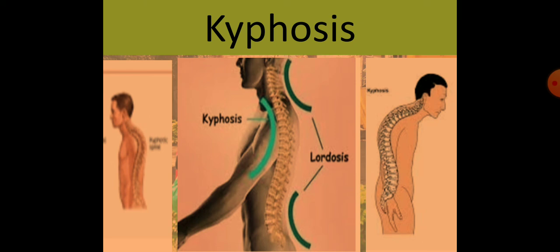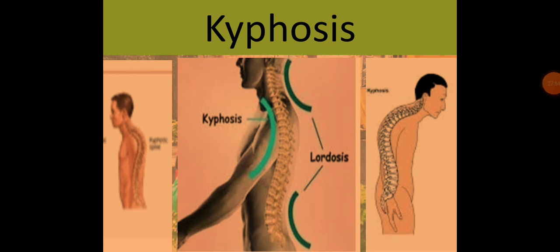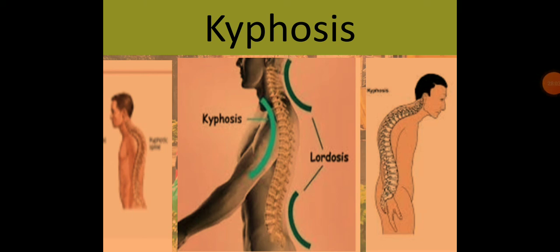And in the third picture we can see the hunch is created over the back. So this is all about kyphosis.